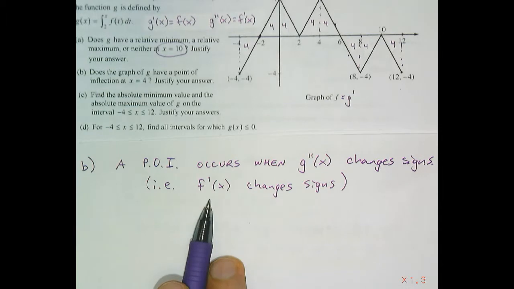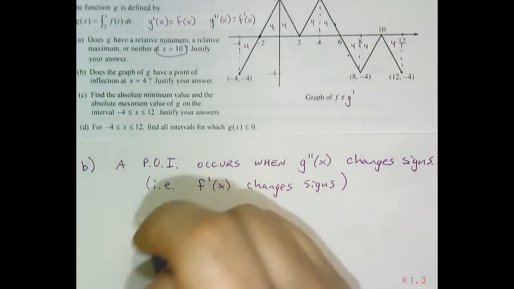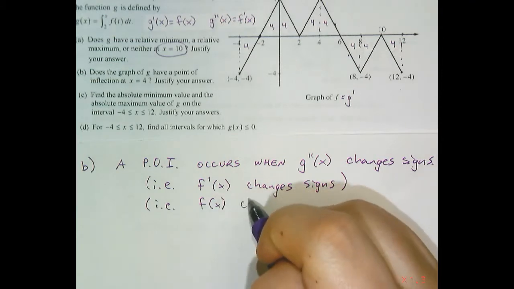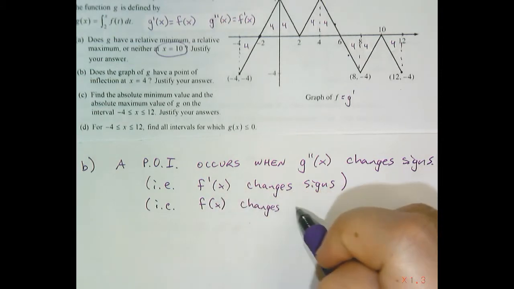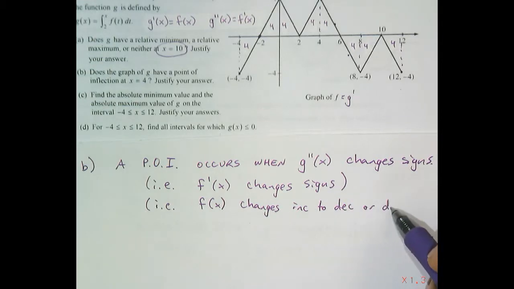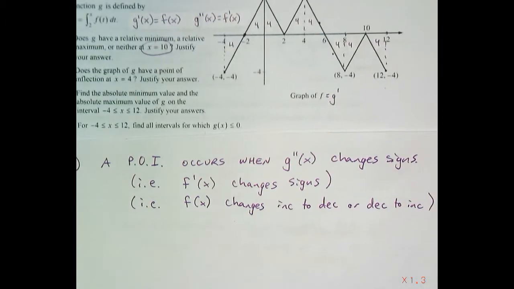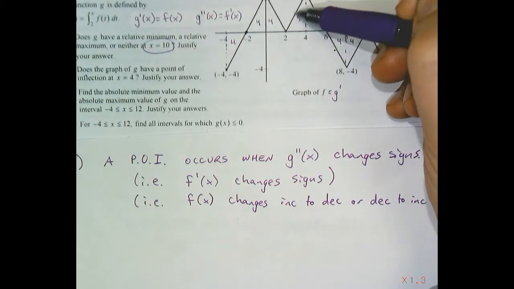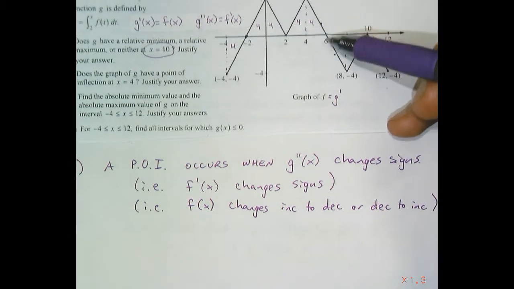And another way of saying f prime of x changes signs would be saying f of x changes from increasing to decreasing, or vice versa. At x equals 4, f is changing from increasing to decreasing.